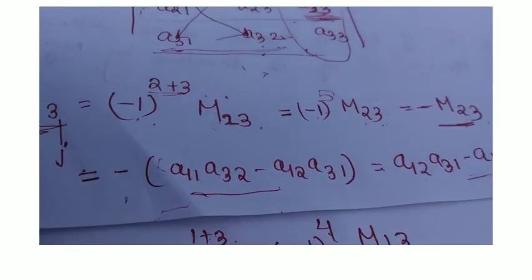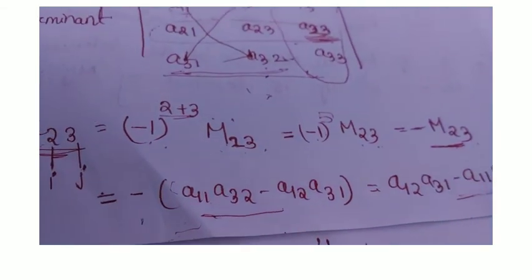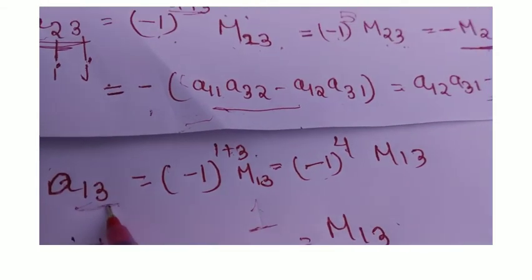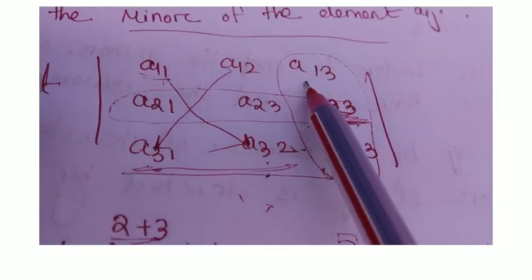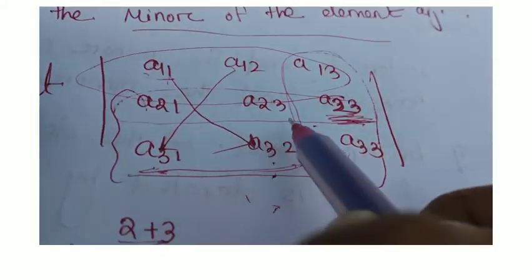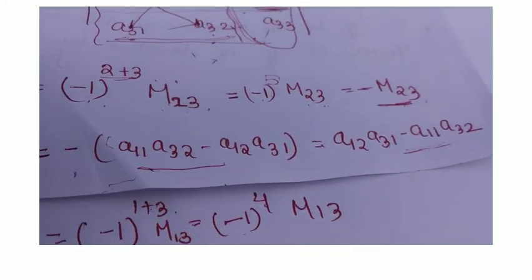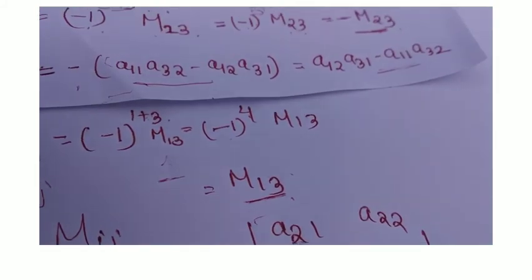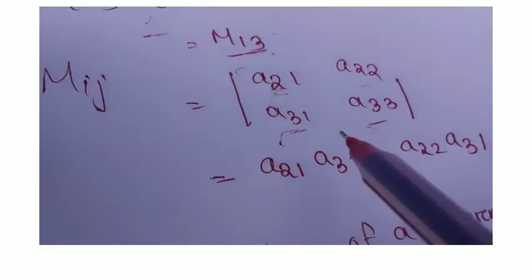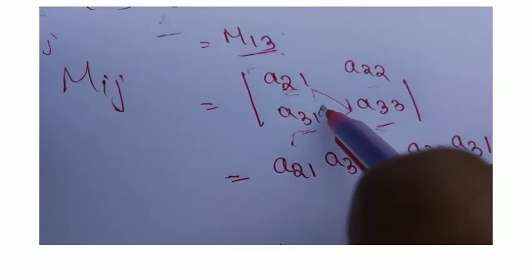By solving the minor of this element a13, closing this column and this row, we get this determinant, a21 a22 a31 a33, then by cross multiplying we can get this.